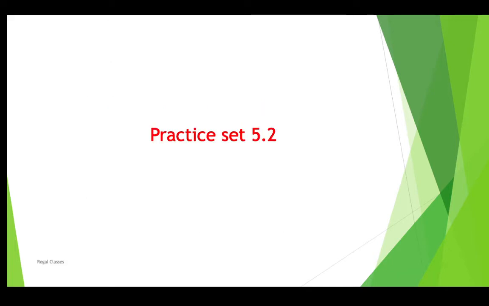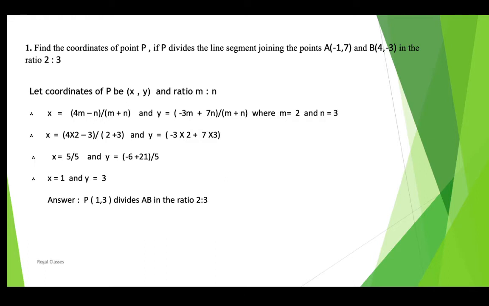So, practice set 5.2. Find the coordinates of a point P. P divides the line segment joining points A and B in the ratio 2 is to 3. So you know if the ratio is m is to n, you apply the formula, it becomes x is (4m minus n) divided by (m plus n).